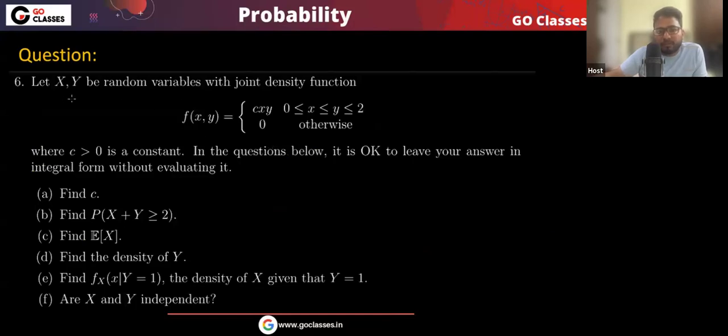Now, let's suppose they say the joint density is this. Then they ask you to find all of this. Do you want to try this particular question as homework? I have solutions on the next page. Almost everything we have studied, just try this as homework.